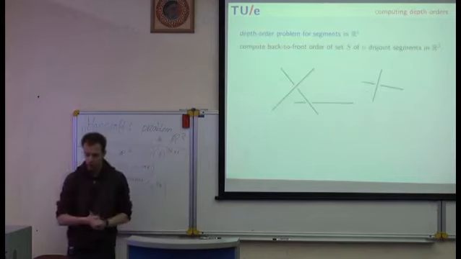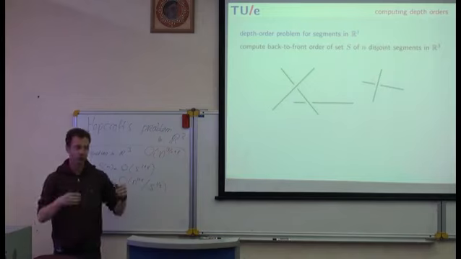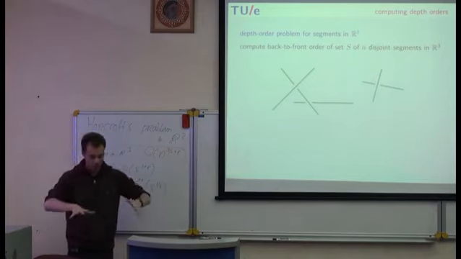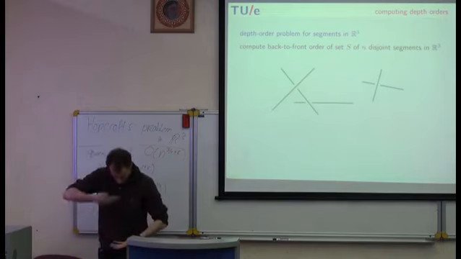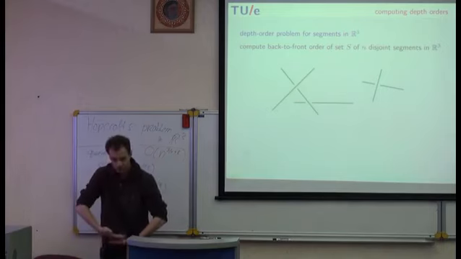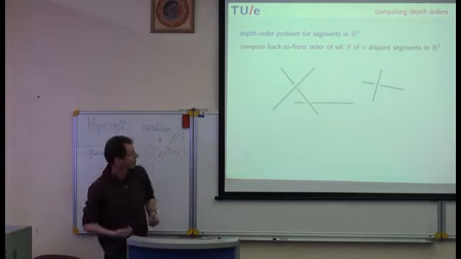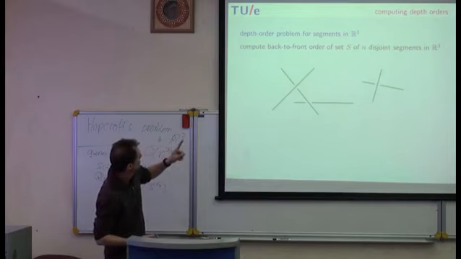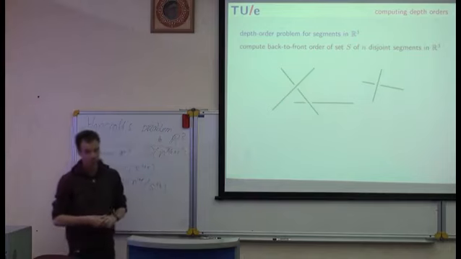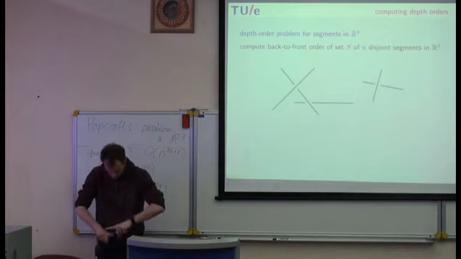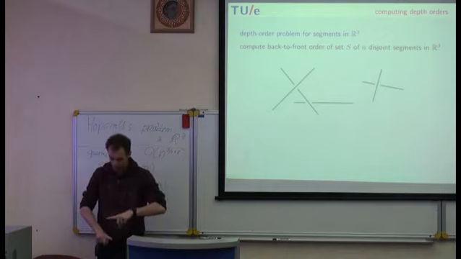So for simplicity, let's just say that we have a set of line segments. I'm looking at the line segments from above, and I want to order them, let's say a back to front ordering. Whenever something is below another segment, then this one should come before this one.